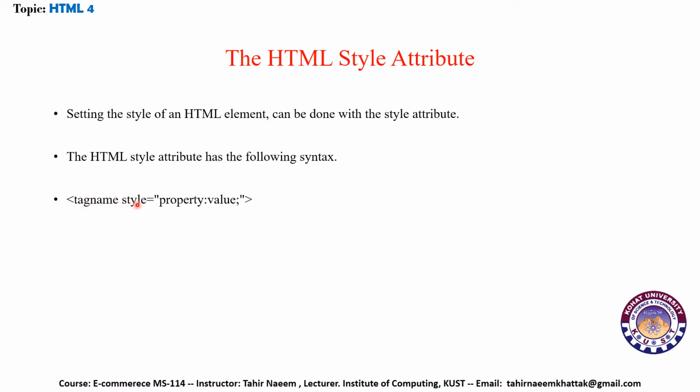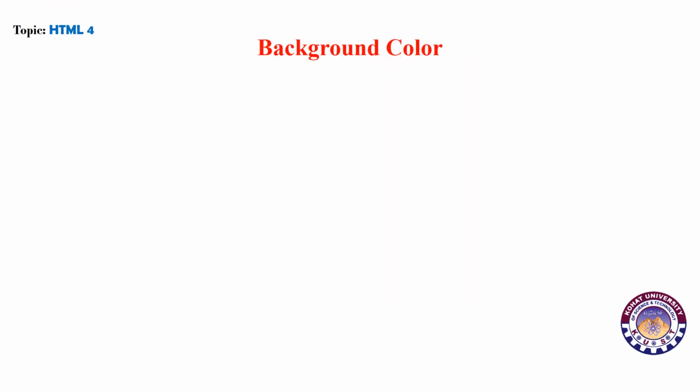Style, then the equal sign, and the property:value. Here in the previous slide I showed the font color:value. I have written red. So this is the format.